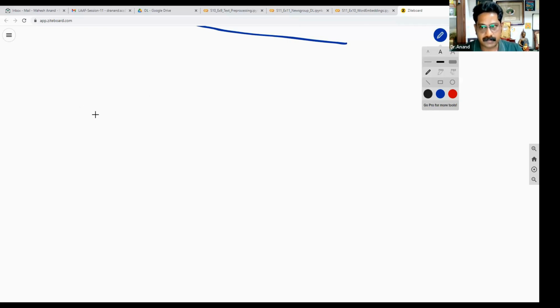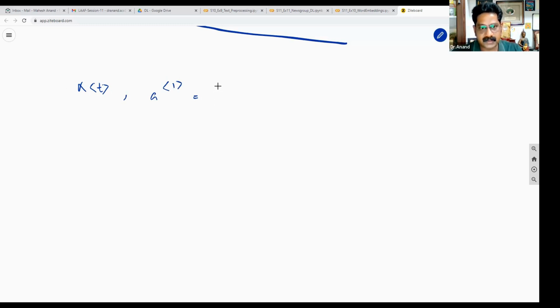Let me first give the representation for one unit, one time instant. When xt is presented as the input, what is the first thing I'm supposed to calculate? A of t, isn't it? This A is nothing but my current state memory.